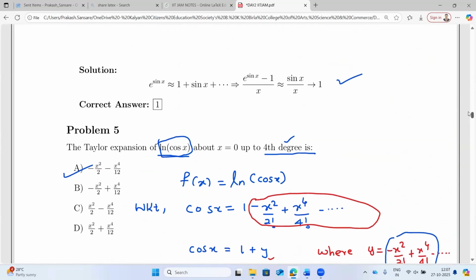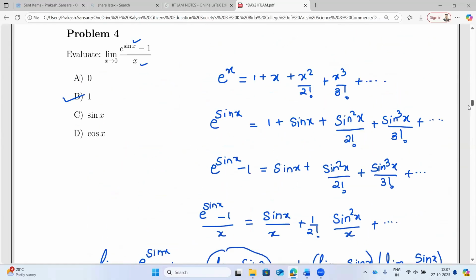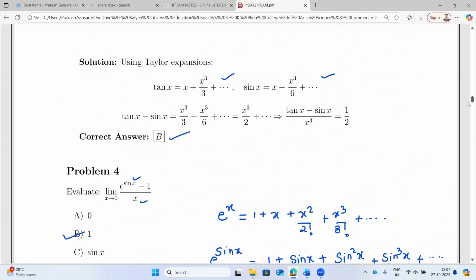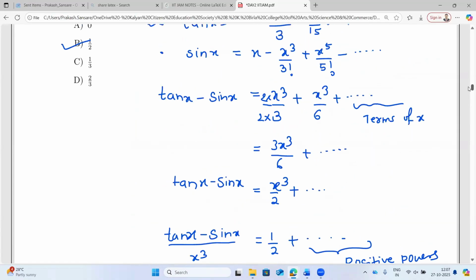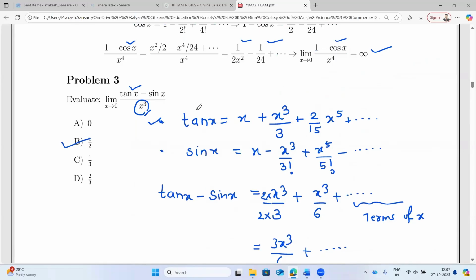Let's see one more problem where Taylor series has played an important role. This one, tan x minus sin x. Can you see that if you go with the L'Hospital rule, your calculation will be a little lengthy? Yes, sir, using Taylor expansion you will get a faster answer than the L'Hospital rule.